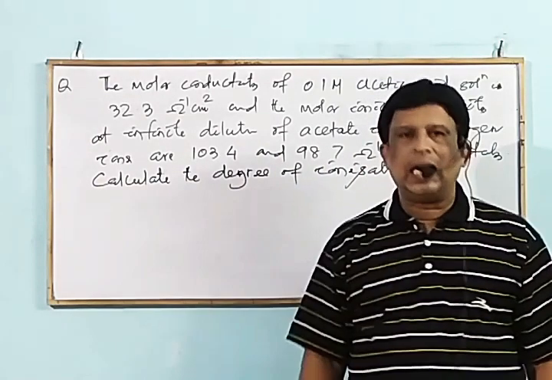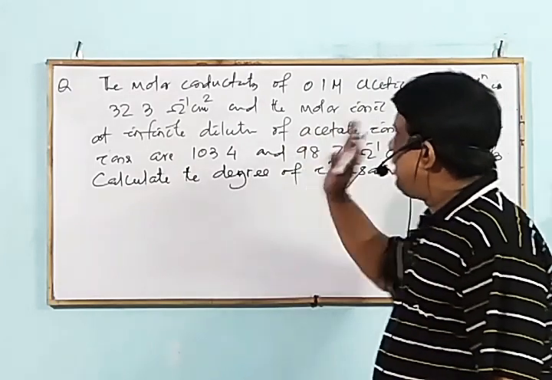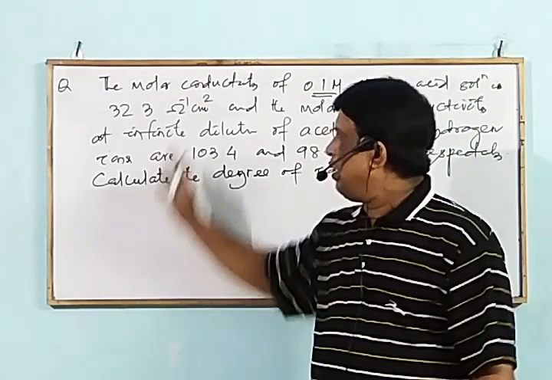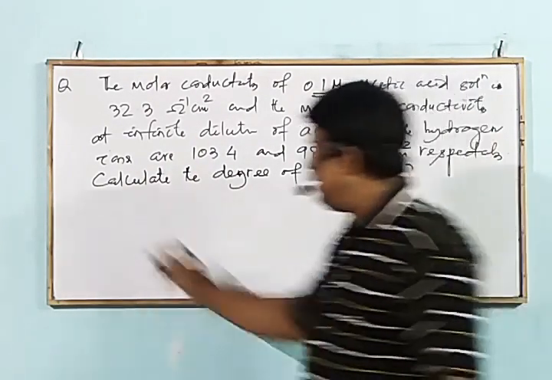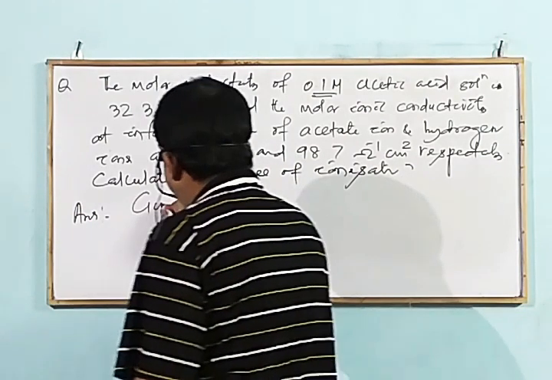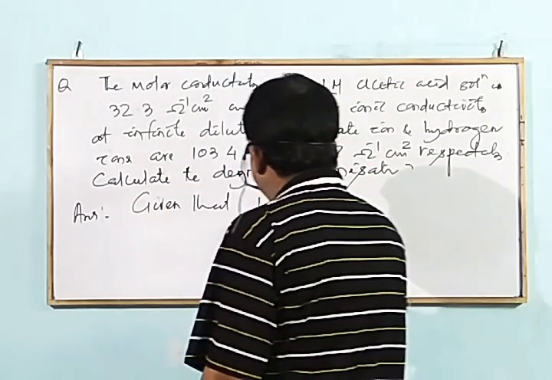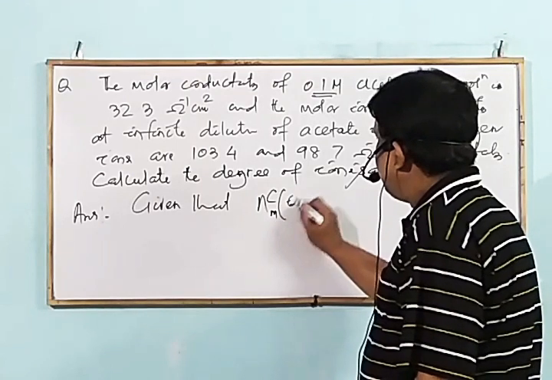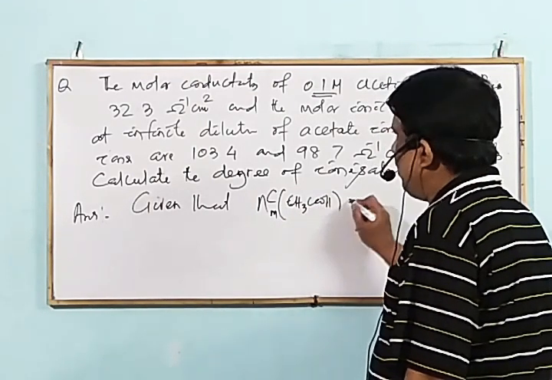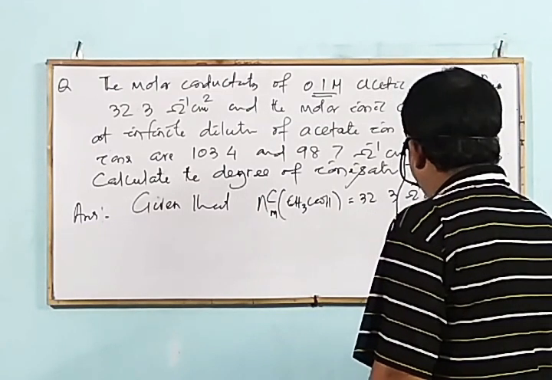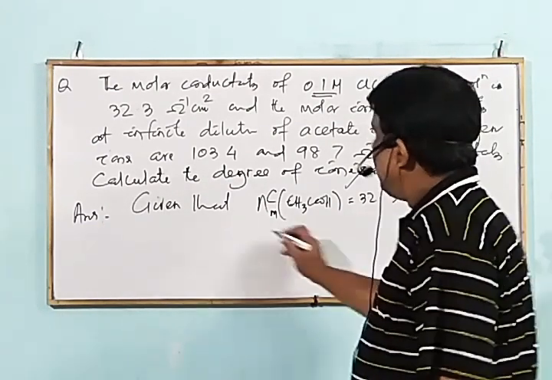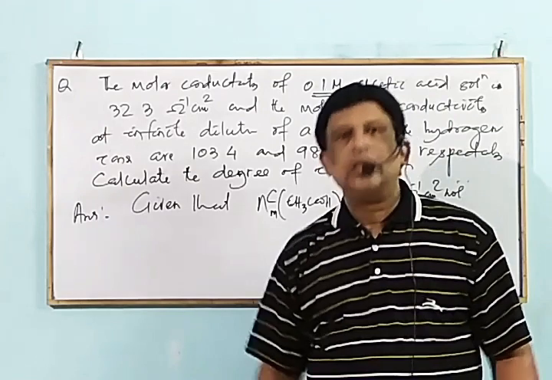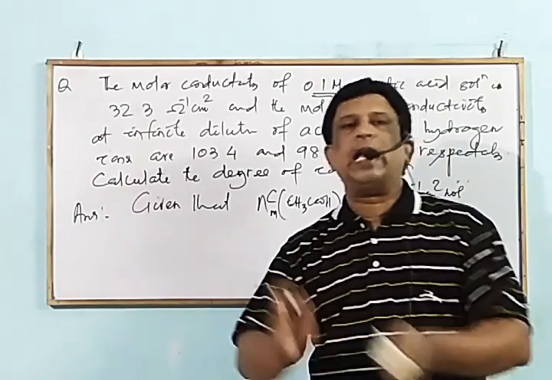Mark the question. What are the data given? Data given for a particular concentration. For a particular concentration, molar conductivity of the weak electrolyte, that is acetic acid, is given. That is the answer. Given that lambda mc, that is molar conductivity at a particular concentration for acetic acid, is 32.3 ohm inverse cm square mole inverse, and that at infinite dilution of acetic acid is not given directly, rather infinite dilution of acetate ion and H plus ion is given.